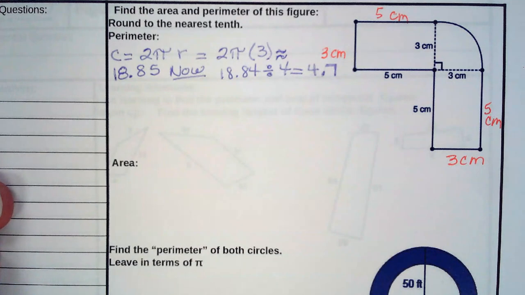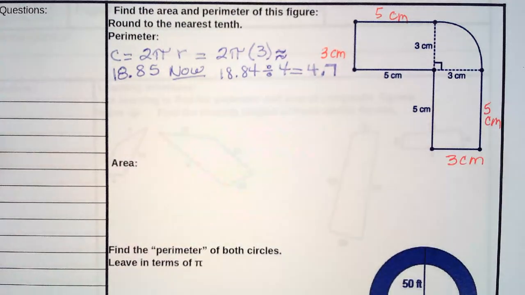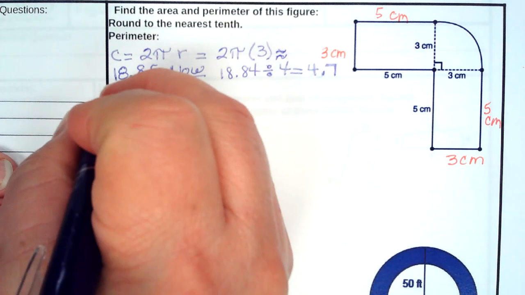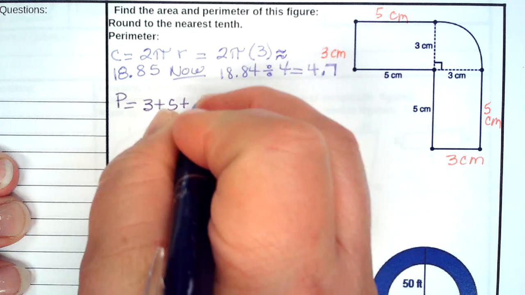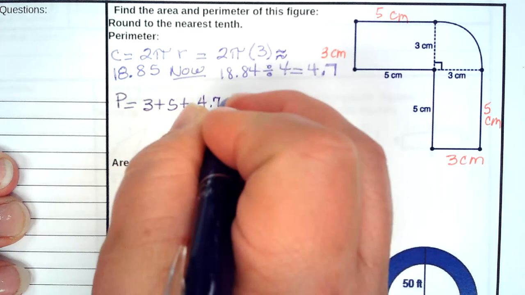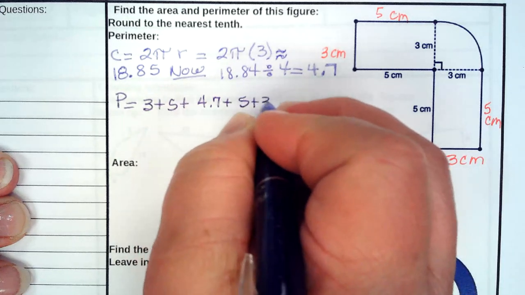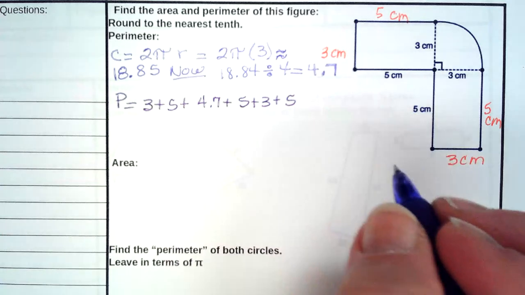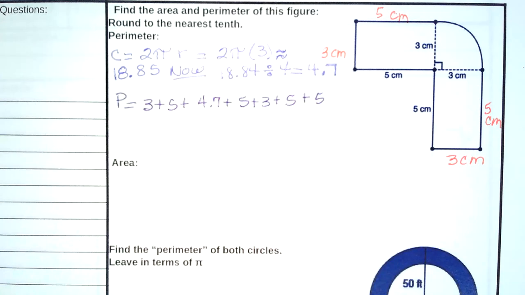Now, the perimeter is all the way around. Three plus 5 plus 4.7 plus 5 plus 3 plus 5, plus 5.